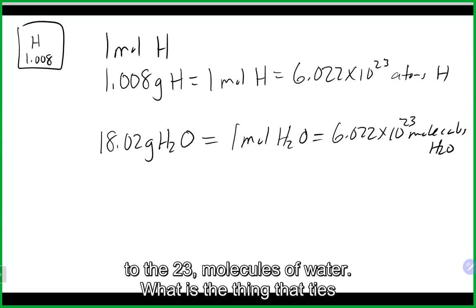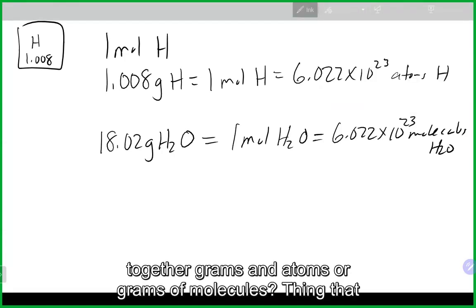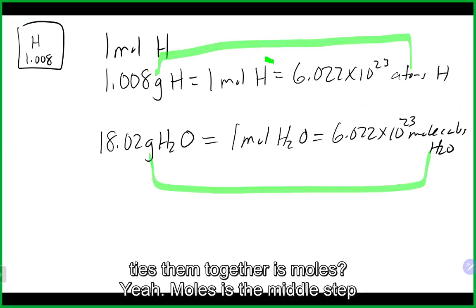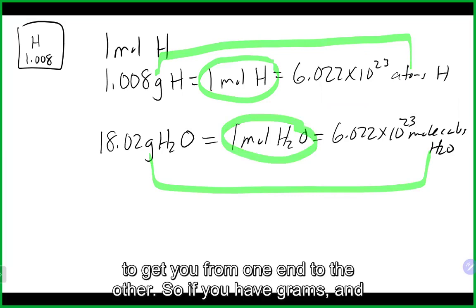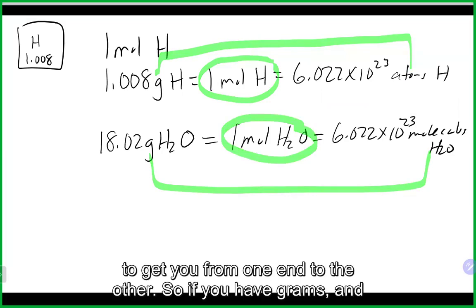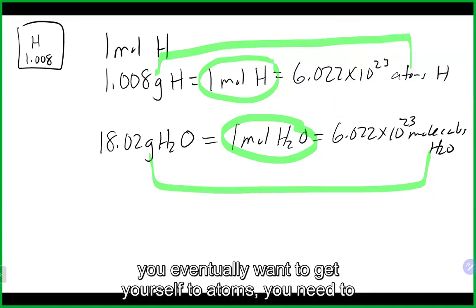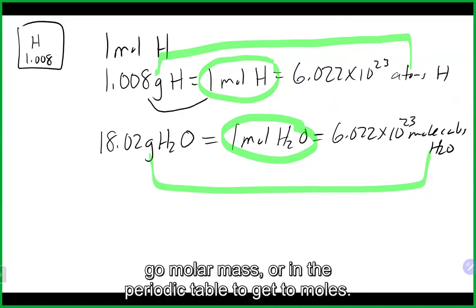What is the thing that ties together grams and atoms or grams and molecules? The thing that ties them together is moles, yeah? Moles is the middle step to get you from one end to the other. So if you have grams and you eventually want to get yourself to atoms, you need to go molar mass from the periodic table to get to moles.